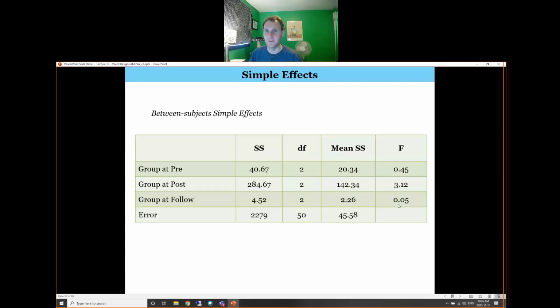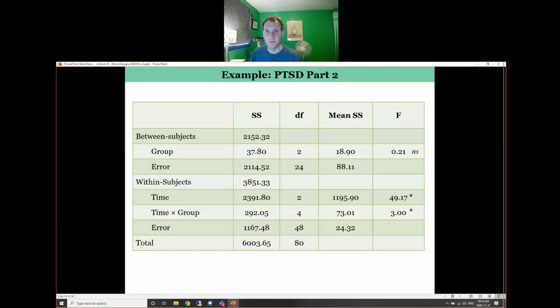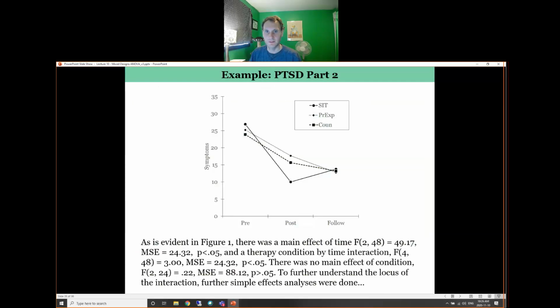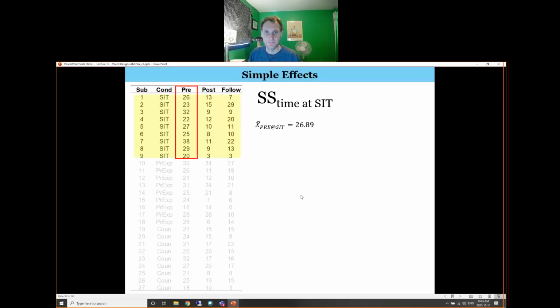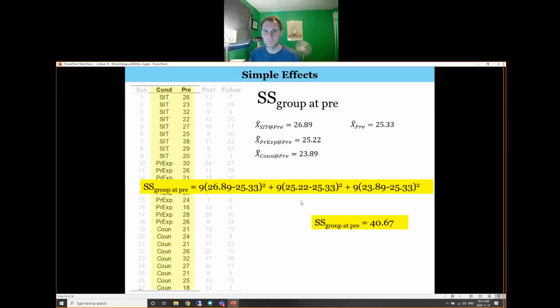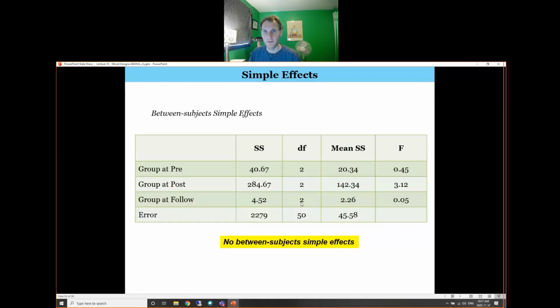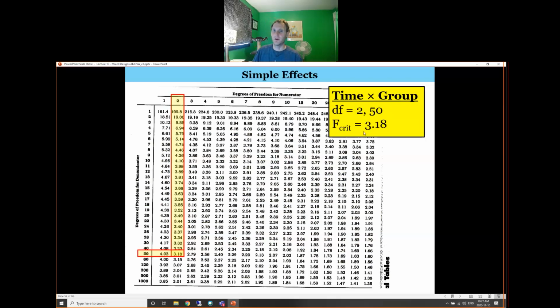I'm going to go back to the figure real quick. At follow-up, look, the lines are all right on top of each other, so we wouldn't expect that to be significant just looking at the plot, and indeed it's not. Perhaps a little surprisingly, though, our F critical was 3.18.